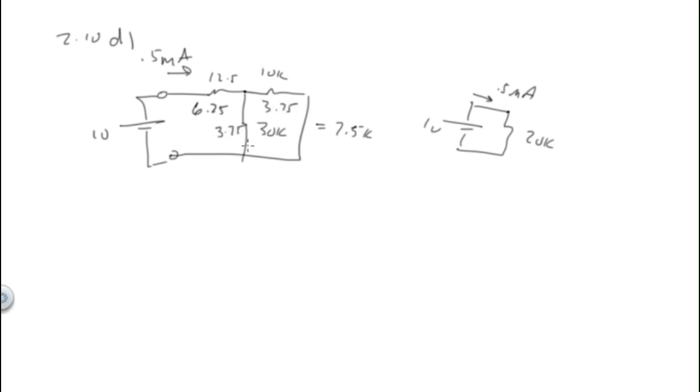So now I can find my currents. 3.75 divided by 30K is equal to 0.125 milliamps. What is 3.75 divided by 10K? 0.375, right?